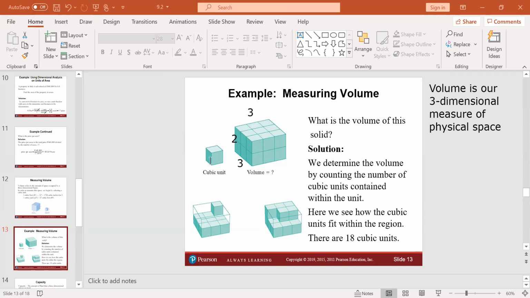So if this is a cubic unit, and that could be a cubic inch, cubic centimeter, cubic foot, etc., this thing would have a volume of 3 times 2 times 3, which is 18. You'd have 18 cubic units for this thing, because just think about how many of these would go into this shape over here.